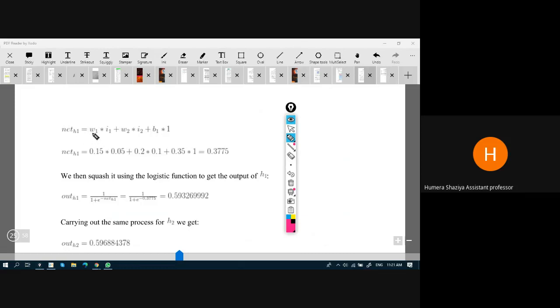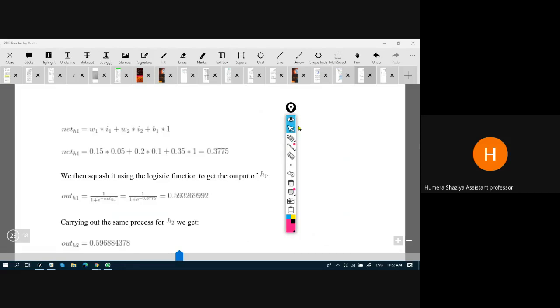It is calculating W1 into I1, where W1 is the weight and I1 is the input, plus W2 into I2, that is the second weight from the second input, plus bias into 1. And what value do you get if you substitute the values which are available on this network?